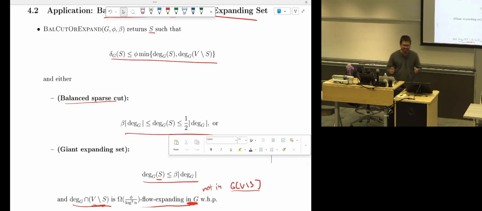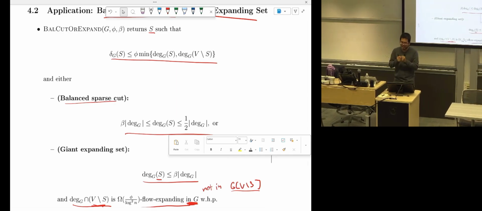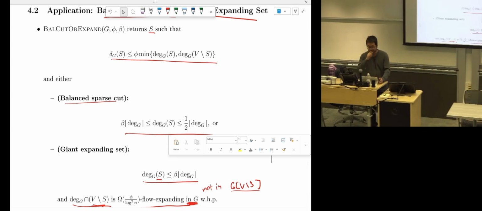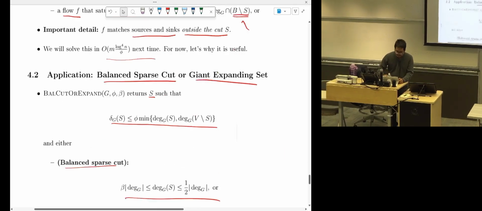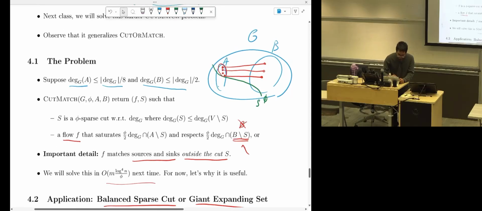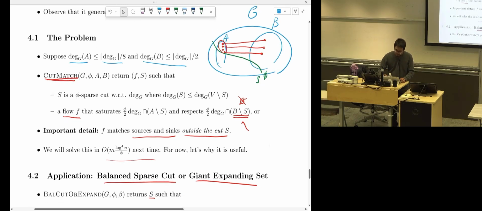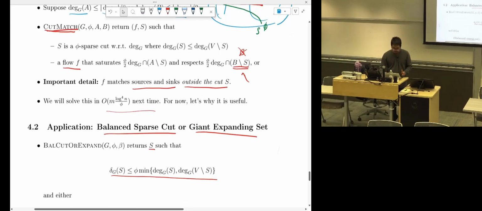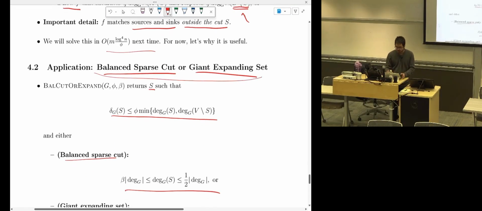So we learned dynamic shortest path and push-relabel, and now next class is going to be dynamic push-relabel for solving this cut and mesh. Right now I write this cut mesh, I mean cut and mesh. But for now, let's see why cut and mesh is useful for solving this problem.